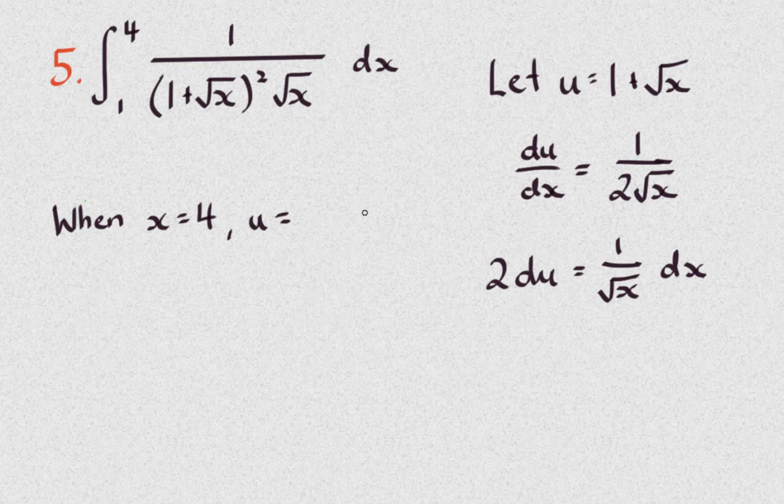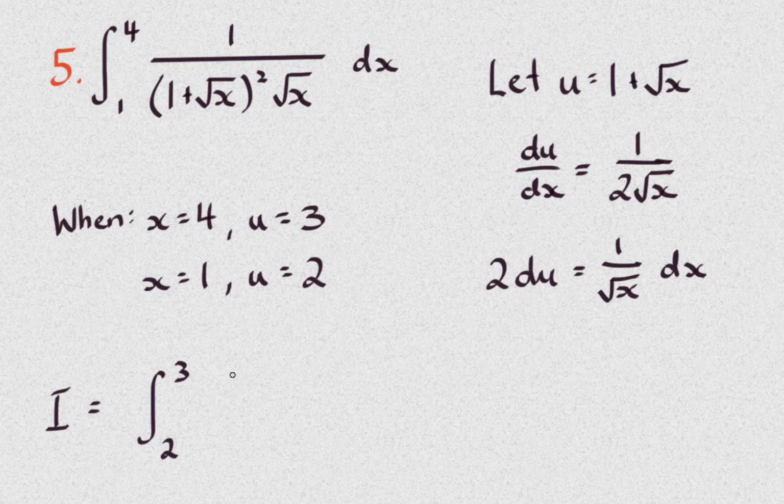So square root of 4 is 2, and when we add on 1, we get 3. And also, when we substitute in x equals 1, we get the square root of 1 is 1, plus 1. That gives us 2. So we need to update our lower and upper bounds as well. So we have now the integral between 2 and 3.